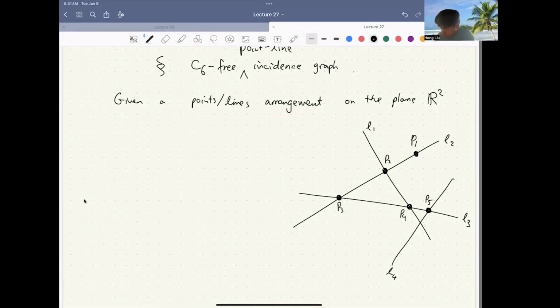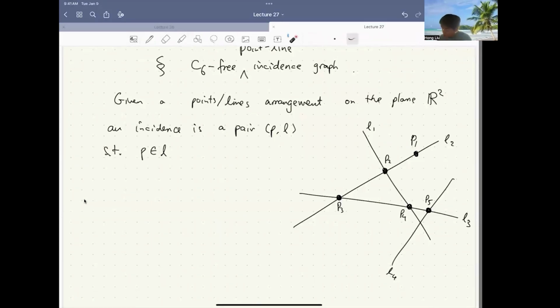An incidence is basically a pair (P, L) of a point and a line such that the point lies on the line.